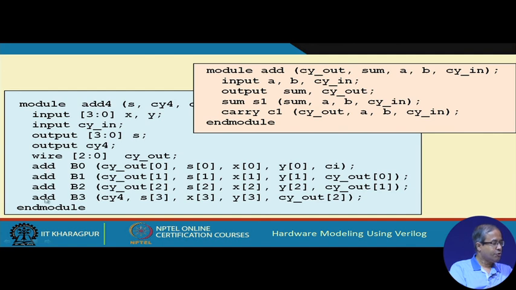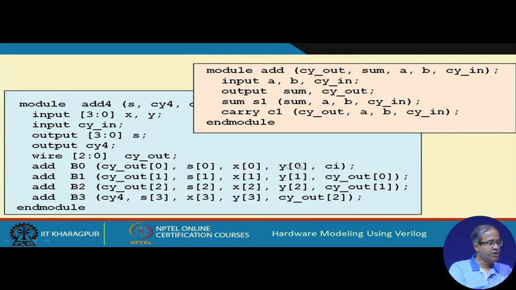Well, in a C program, when I call a function, the control goes to the function, it gets executed, and again we come back. But in terms of hardware, if I call a full adder 4 times, it means I am using 4 copies of the full adder. This is called instantiation. So, here 4 copies of the full adder will be instantiated, and I am giving different names B0, B1, B2, B3 to the 4 copies.